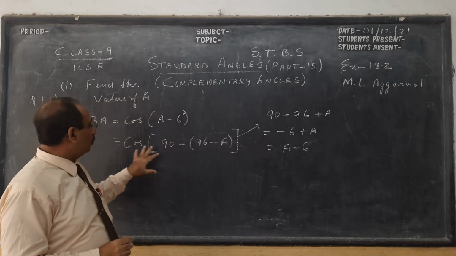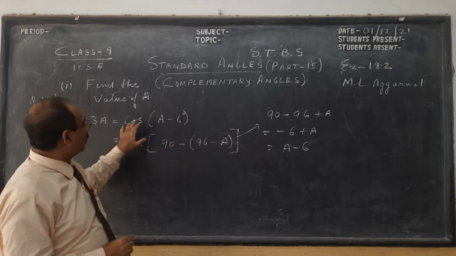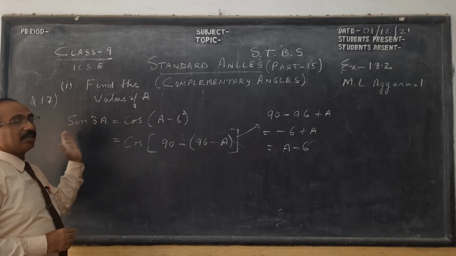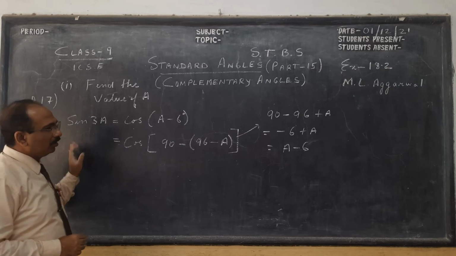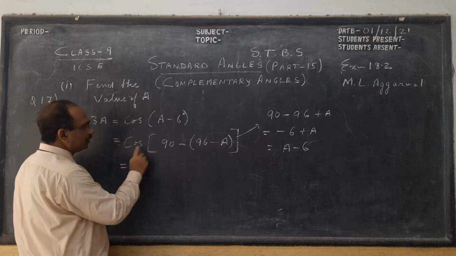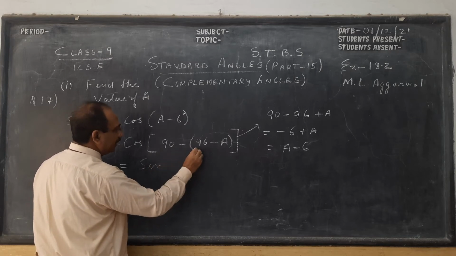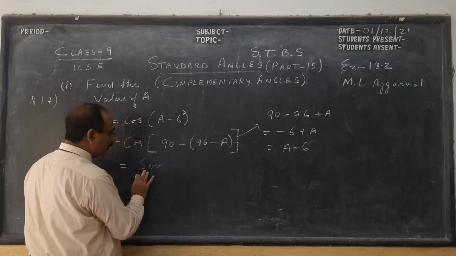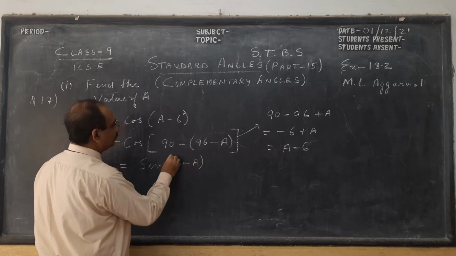So this is how you'll say, why are we doing this, sir? Cos(90 minus theta) will give you sine theta, then sine we will omit. Okay, we generally don't cancel, we omit. So this cos(90 minus theta) will become sine theta. So leave 90, cos becomes sine. So this is 96 minus a.